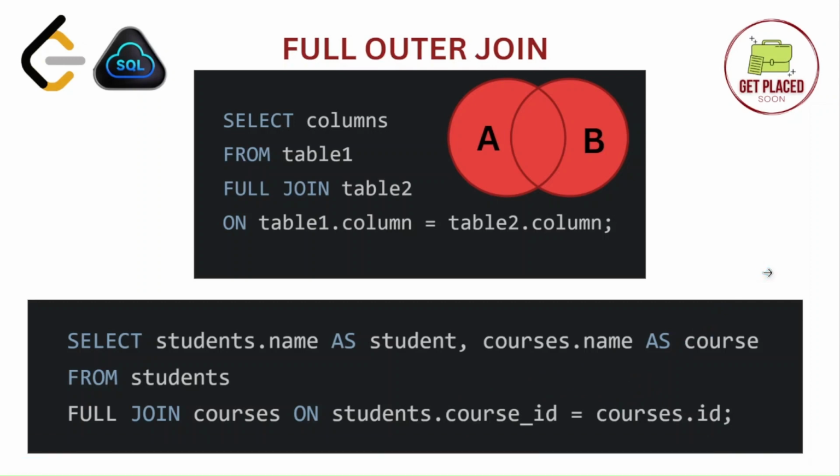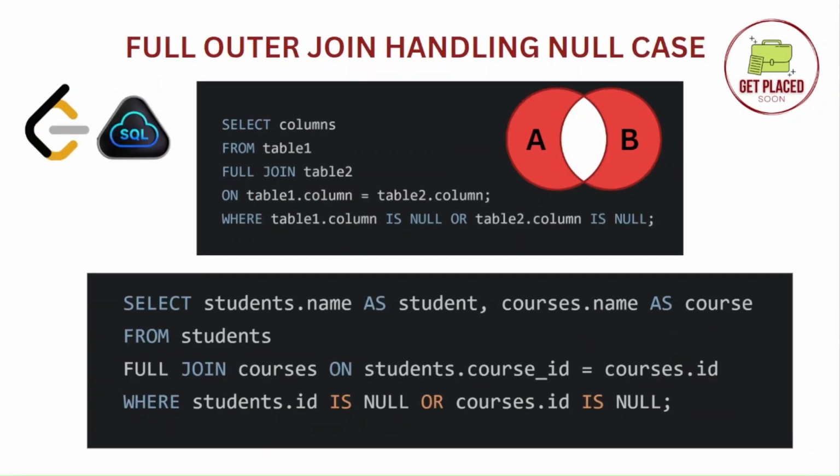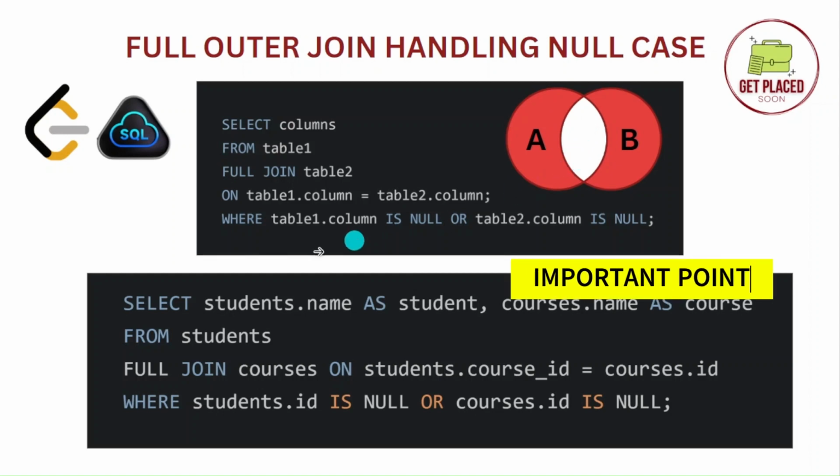Now moving ahead, full join handling null case, which means we have two tables but there is nothing matching between both the tables. Now when you have such situation, you add one more statement saying where table 1 dot column is null or table 2 dot column is null. So what did we do in left outer join is we do right dot column is null.